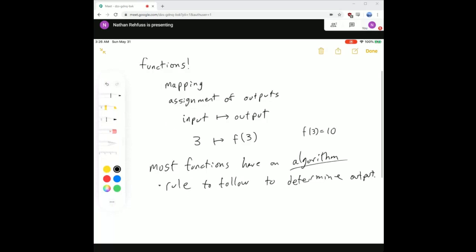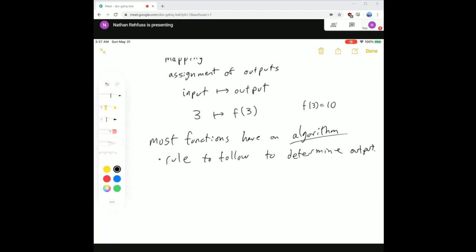So for example, I could say, let's define g of x. Here's how a definition of an algorithm will look. Let's say I define this to mean x squared plus 4.